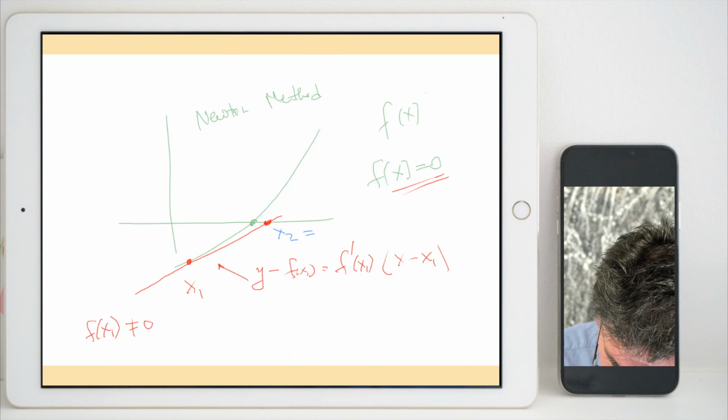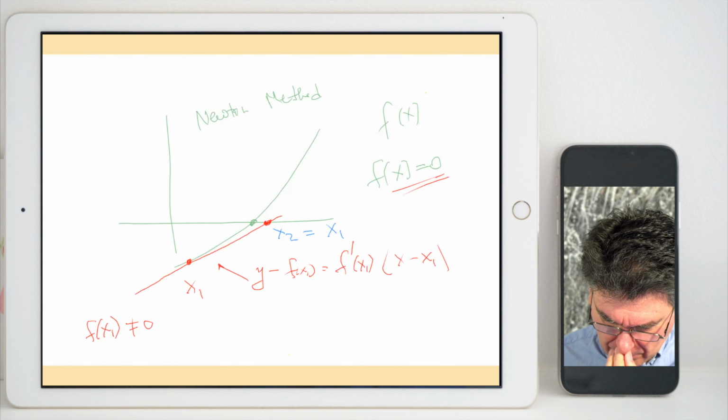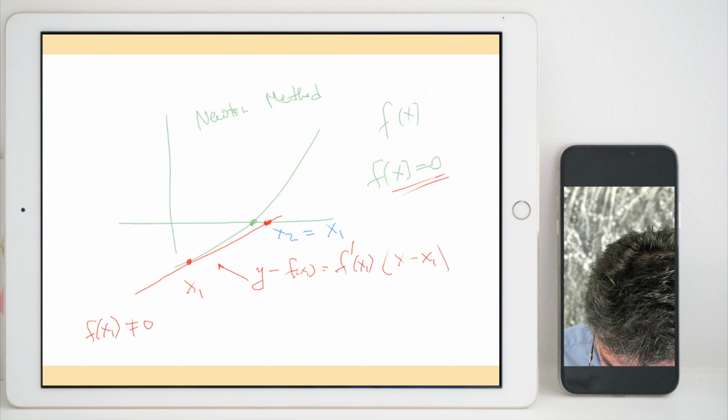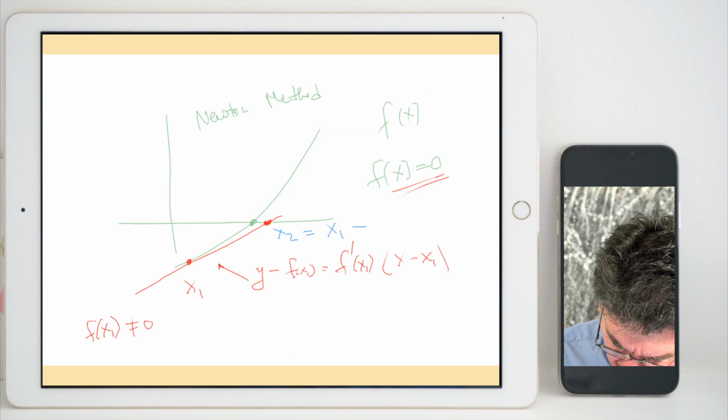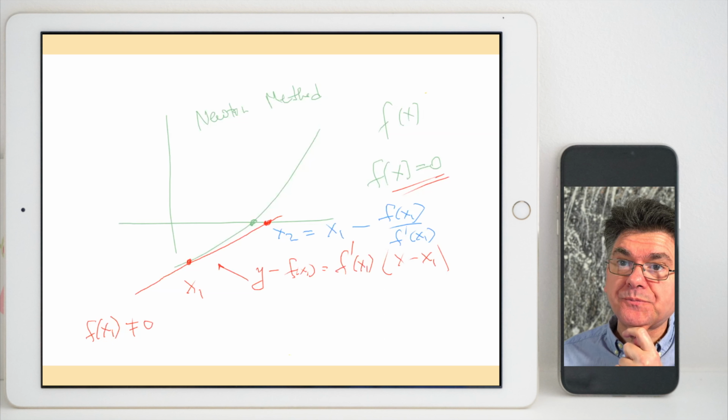And I know that then x2 is going to be x1 minus f of x1 divided by f derivative of x1. Okay? I'm sure you have seen this before.